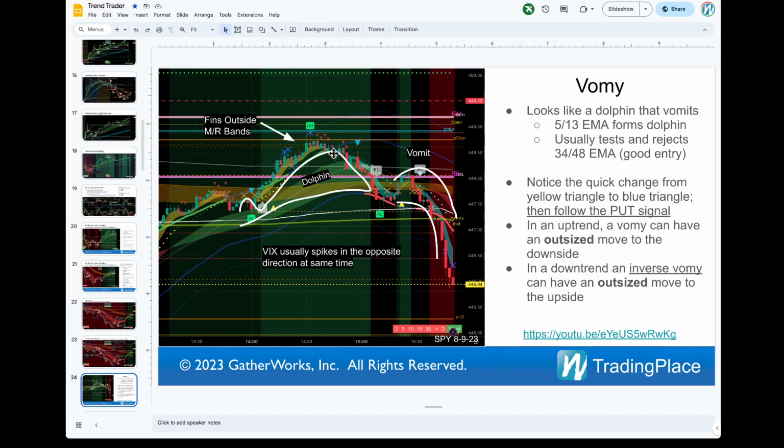And then it rejects. So it gives multiple attempts. It rejects, and then it falls. You can see your 3448 is right here around the mouth of the dolphin. And then it rejects it. It gives it one more go to see if it can break back up. And then it just vomits out and you get an outsized move.